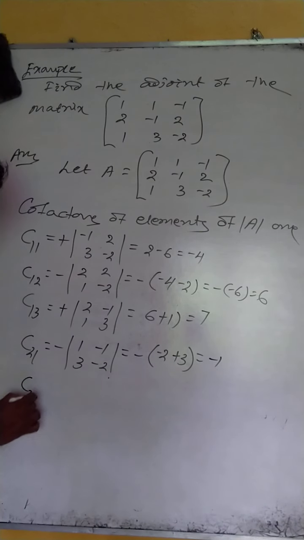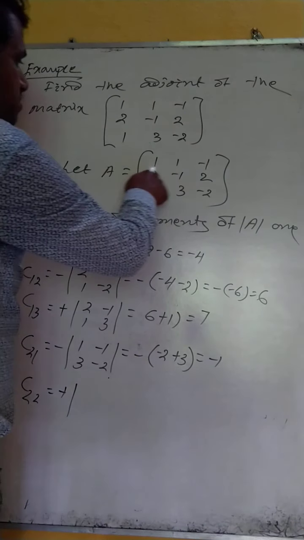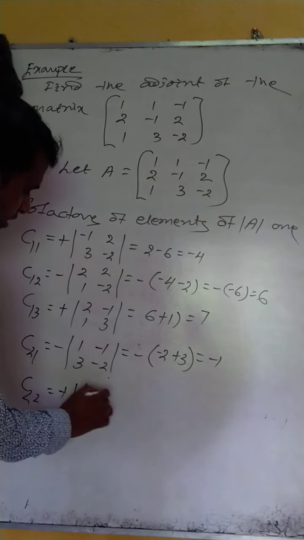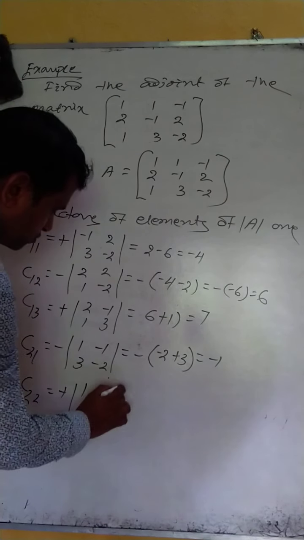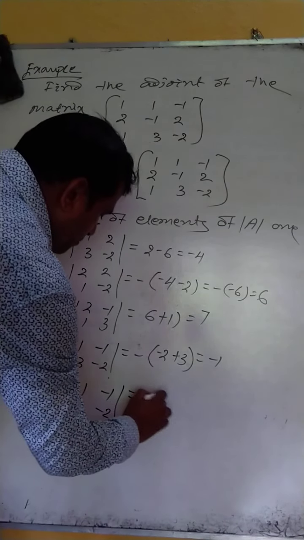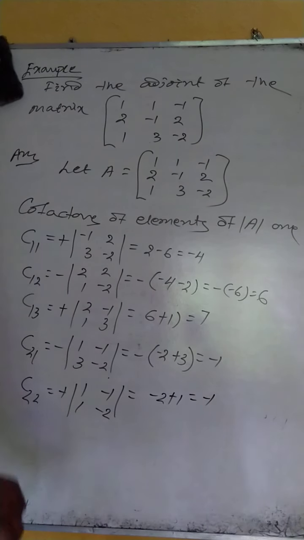Now C22 equals plus of its minor 1 -1, 1 -2, that equals -2 plus 1, that equals -1.